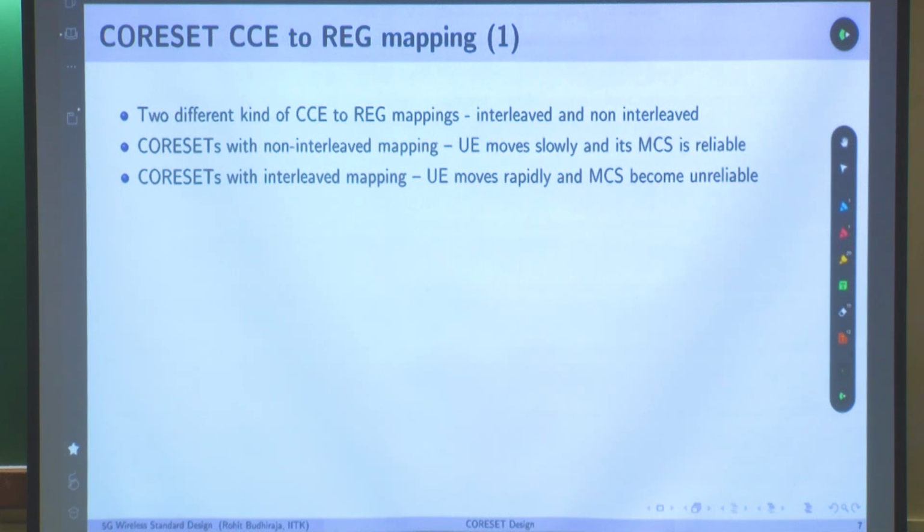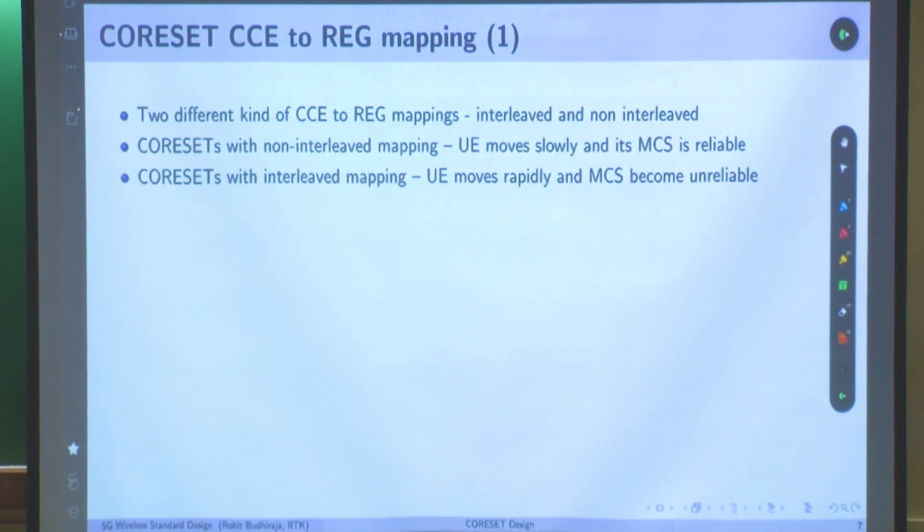So you typically pick these PRBs or REGs such that certain REGs observe good channel condition and certain REGs observe bad channel condition. Not all of them will observe bad channel condition. So we are trying to avoid the condition wherein you don't have a reliable MCS.